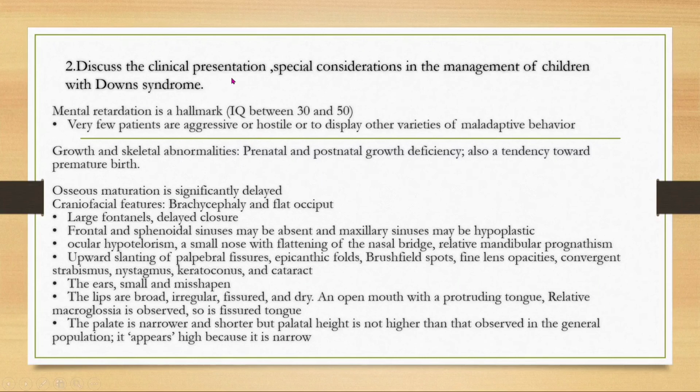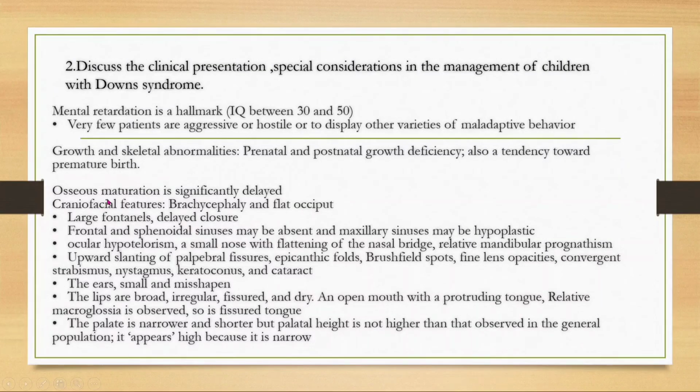So, what are the clinical presentations? Special consideration: the management of children with Down syndrome, who have an IQ between 30 and 50. They have growth and skeletal abnormalities, prenatal and postnatal growth deficiency, and also a tendency towards premature birth.